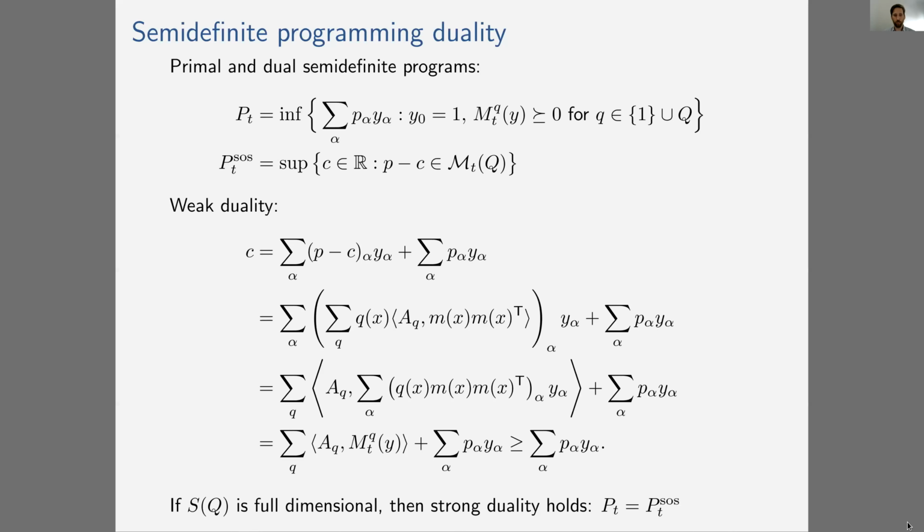And then there's actually more. If the semi-algebraic set S(Q) is full dimensional, then strong duality also holds. So these optimal values are actually the same. Okay, so now we have two hierarchies of semi-definite programs that give lower bounds on the global minimum of our polynomial optimization problem.